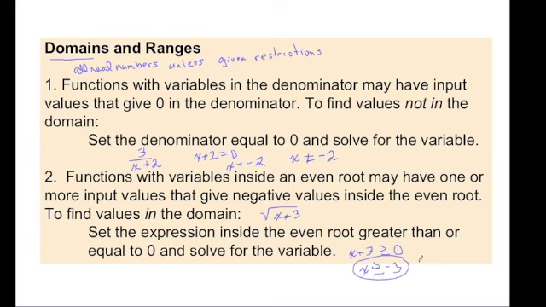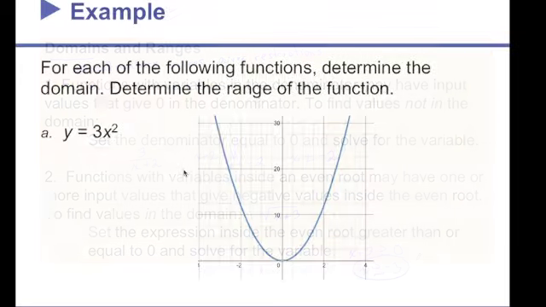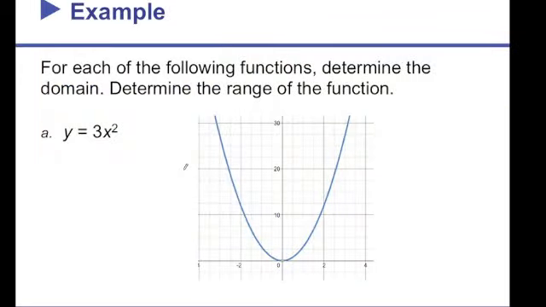That defines the domain. Now here we're given some graphs, and we have to determine the domain and then the range of the functions. The domain is the x values, and of course the x-axis is the horizontal axis, and we just have part of the graph.